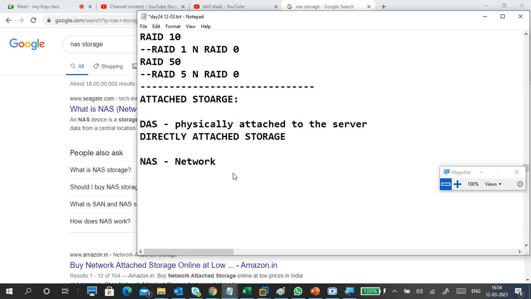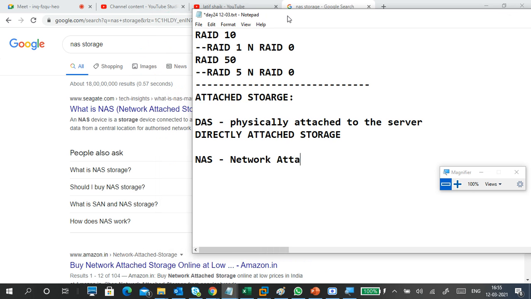Sometimes even when I know, I still search in Google, right? So no problem. If you have a doubt, also search it. To explain that, I'm putting it in Google. So, network attached storage.